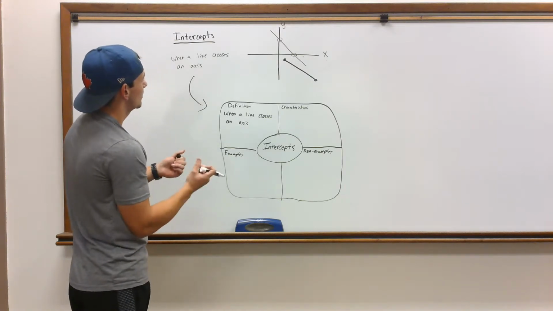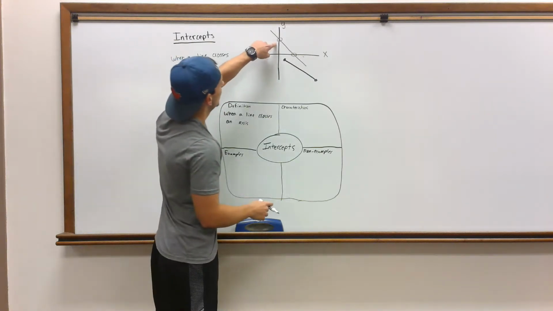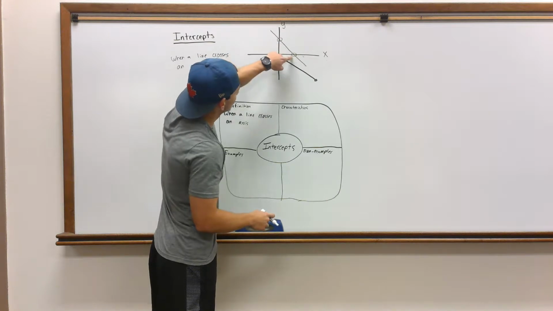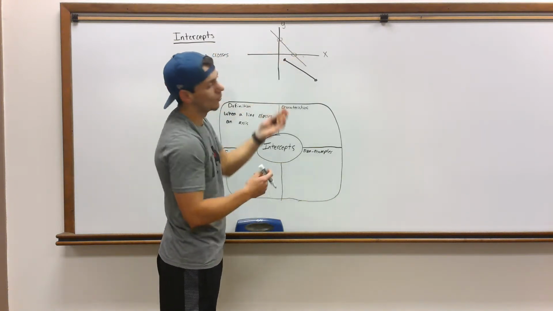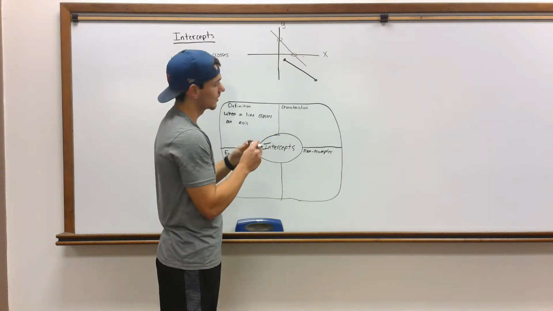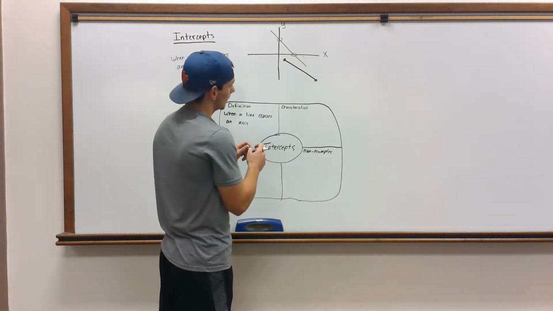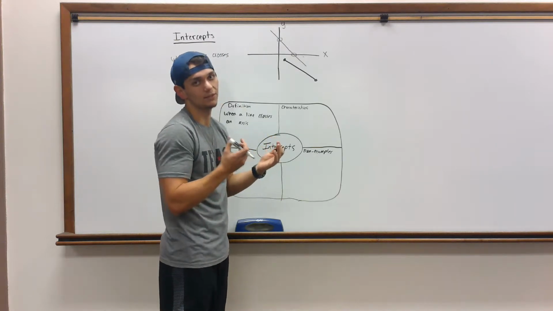So what are characteristics? When the line is crossing an axis, depending on which intercept you're trying to find, one of the values in a given data point is going to be 0.